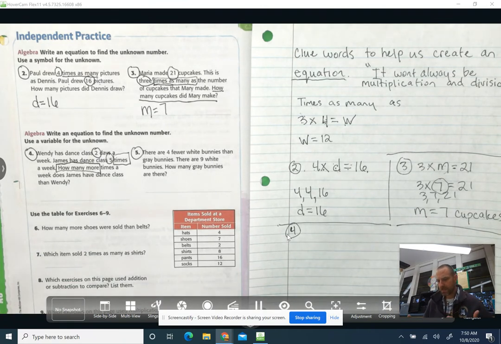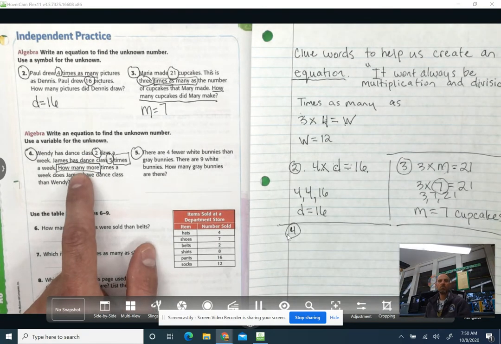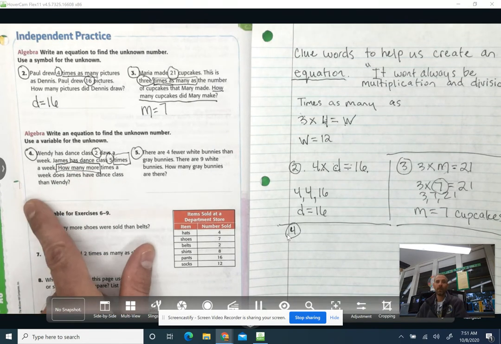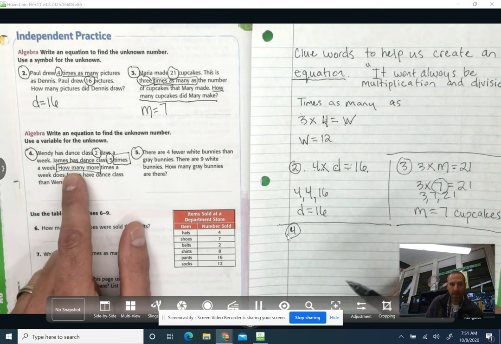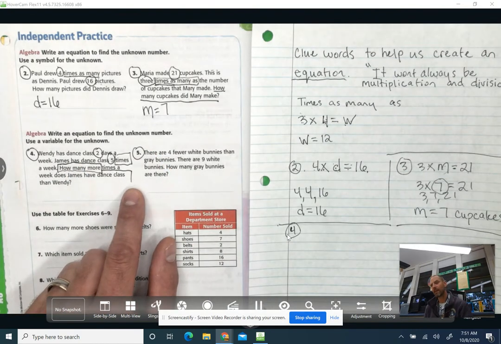That just means that he's going 5 days a week, whereas Wendy's going 2 days a week. How many more, right? How many more times a week does James have dance class? That phrase, how many more, what does it mean? Pause this tutorial and write that right there.